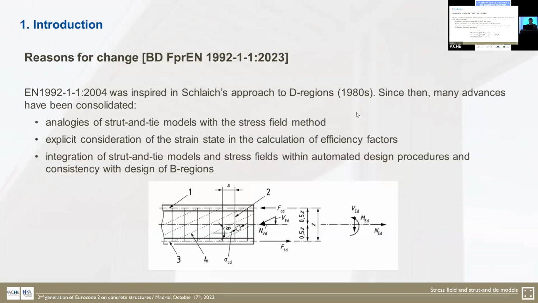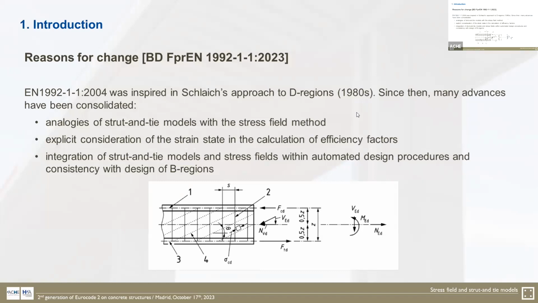Finally, I think this point was already said by Aurelio Muttoni. There was also the intention to show in a very transparent manner to designers this transition between what is a deep region, where the assumption of plane sections remain plane does not hold true, and B regions.